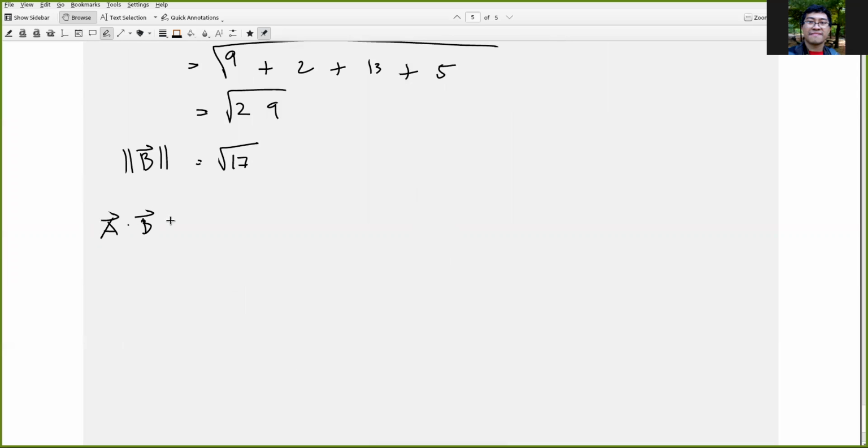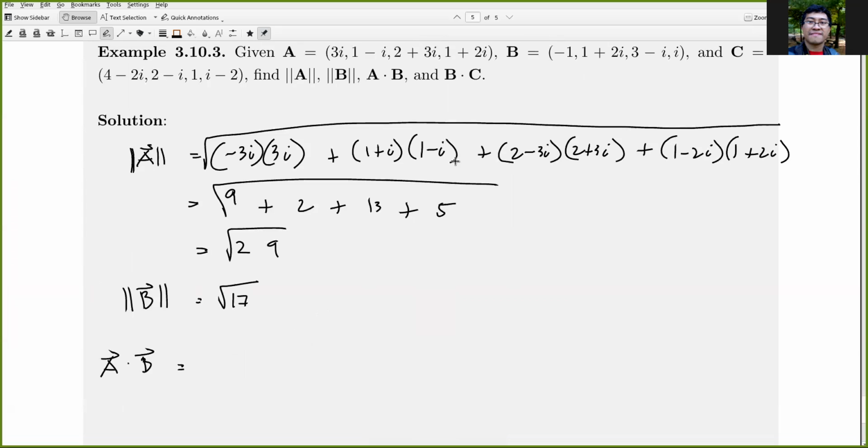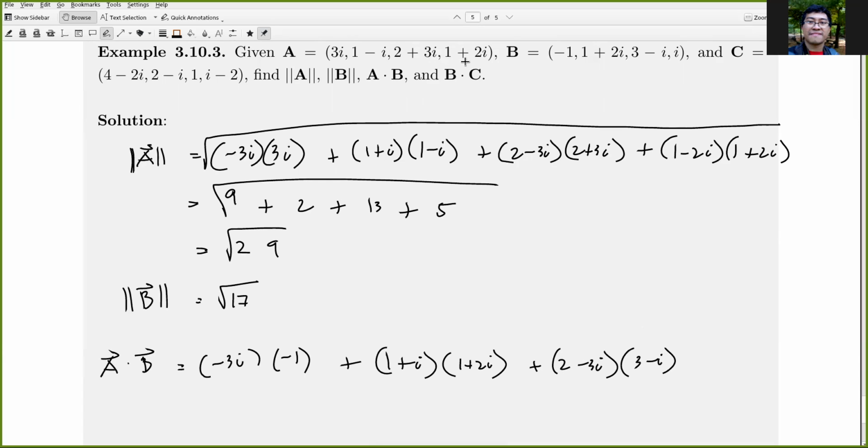How about A dot B? For A you have 3i, but that becomes complex conjugate, so 3i, B is minus 1, plus 1 plus i, B is 1 plus 2i, 2 plus, or 2 minus 3i, 3 minus i, 1 plus, or 1 minus 2i times i.